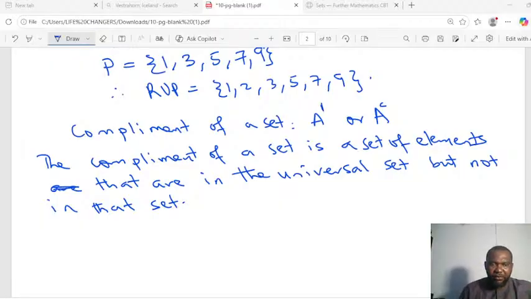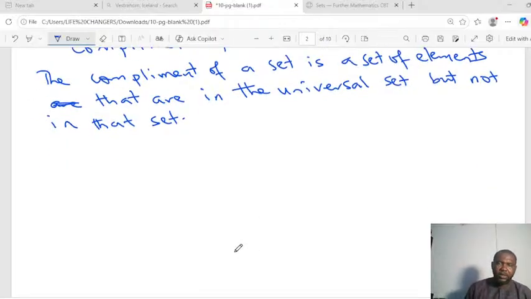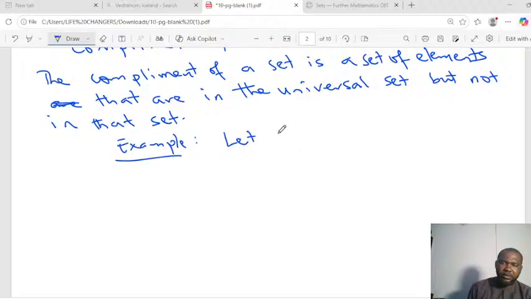Now, let me give you a good example. Let the universal set be equal to 1, 2, 3, 4, 5, 6, 7, 8, 9, 10.